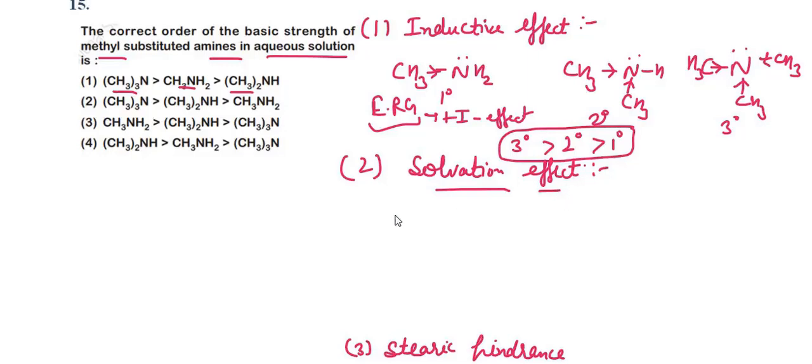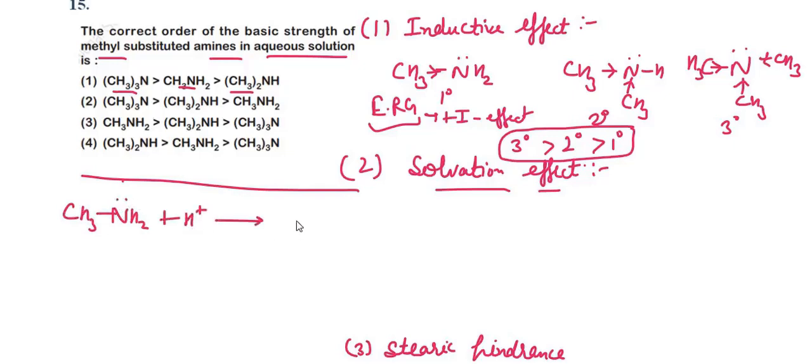What is solvation? When we add ammonia into water, it accepts H positive ion. So first I am taking the example of primary amine. When CH3NH2 reacts with water and accepts H positive ion, by giving its lone pair, it now acquires positive charge.